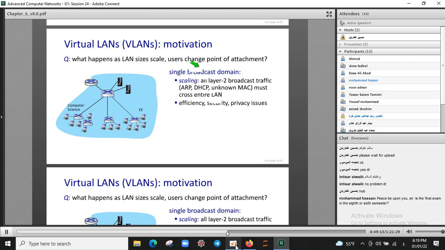All computers, all systems inside my broadcast domain would receive that information. And now we are talking about layer 2. In layer 3, yes, I can filter those data using the IP addresses. But I'm in layer 2.